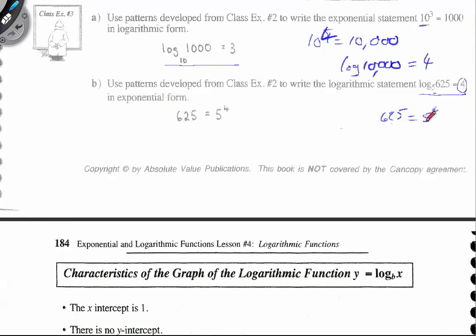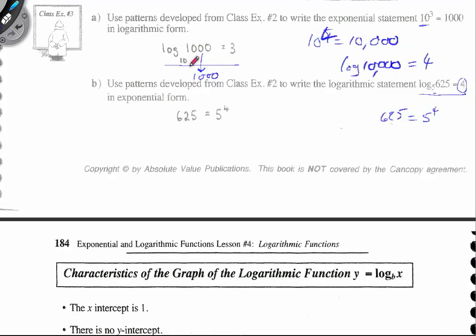Now, I have an easy way to remember how to go from log to exponent, and if you can remember somehow exponent to log, that'd be good. It's called the drop, swing, and bump method. In going from this version to this version, we drop down the number, so 1,000.